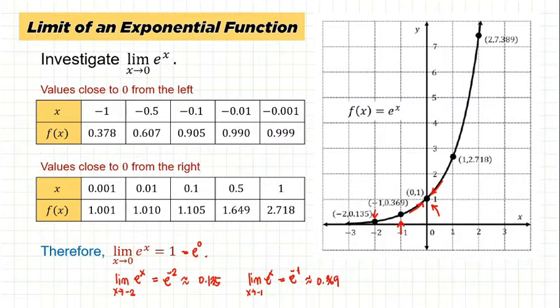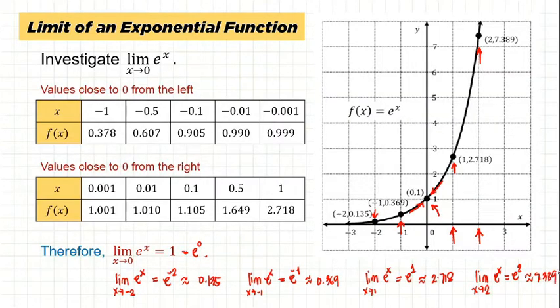As x approaches 1, we have this point here, and the limit is the same: the limit of e to the x as x approaches 1 is equal to e to the power of 1, approximately 2.718. And as x approaches 2, we have this point here. The limit of e to the x as x approaches 2 is equal to e squared, and that is approximately equal to 7.389.